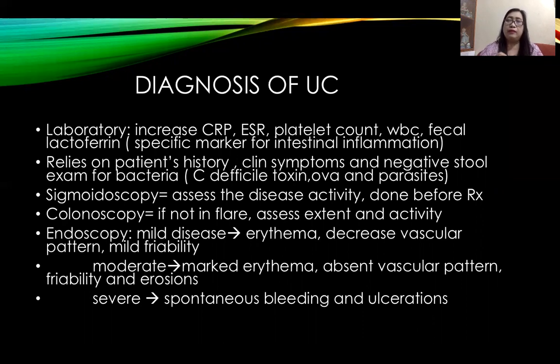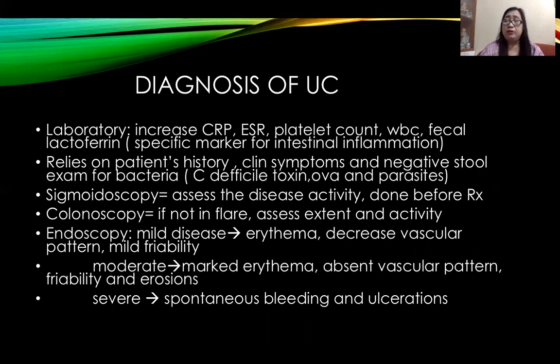You should take a very good history of your patients, the clinical symptoms, and a negative stool examination for bacteria, because you have to rule out also Clostridium difficile toxin, or you may have to rule out amoebiasis or amoebic colitis before saying that this is really an inflammatory bowel disease.